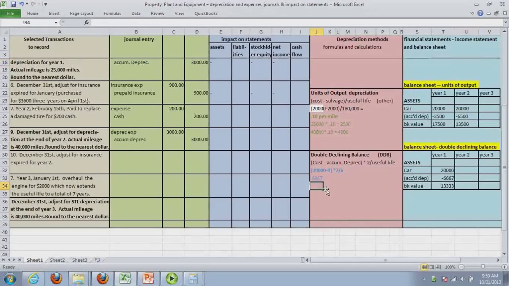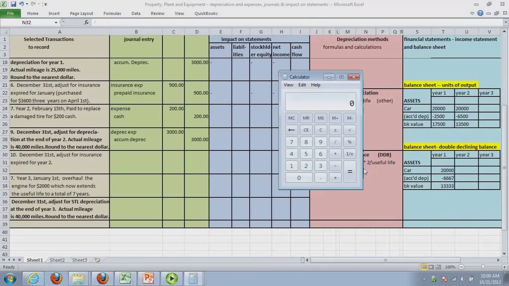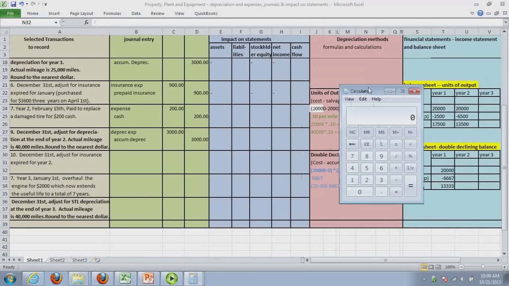So in year 2, we've got $20,000, again, cost, but your accumulated depreciation this time is what you depreciated last year. 6,667 is the amount of depreciation from last year times 2 over 6. So this one definitely has the most complicated of the formulas, but still doable.